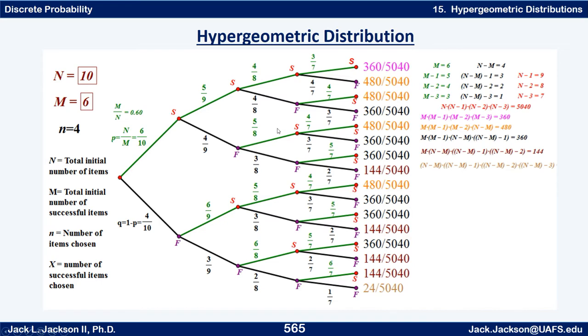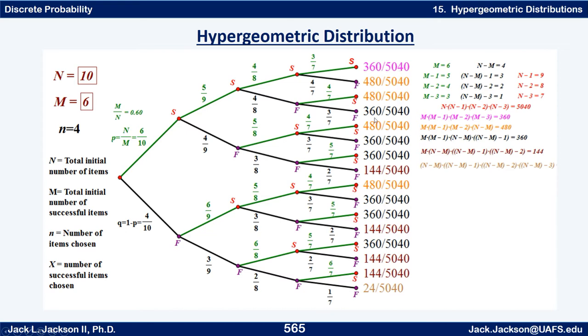Okay, times a 3, excuse me. And on the bottom, we're always multiplying a 10 times 9 times 8 times 7. So the denominator is 10 times 9 times 8 times 7. Well, 10 times 9 times 8 times 7 is 10 permute 4. So that's the denominator each time if we don't reduce it.